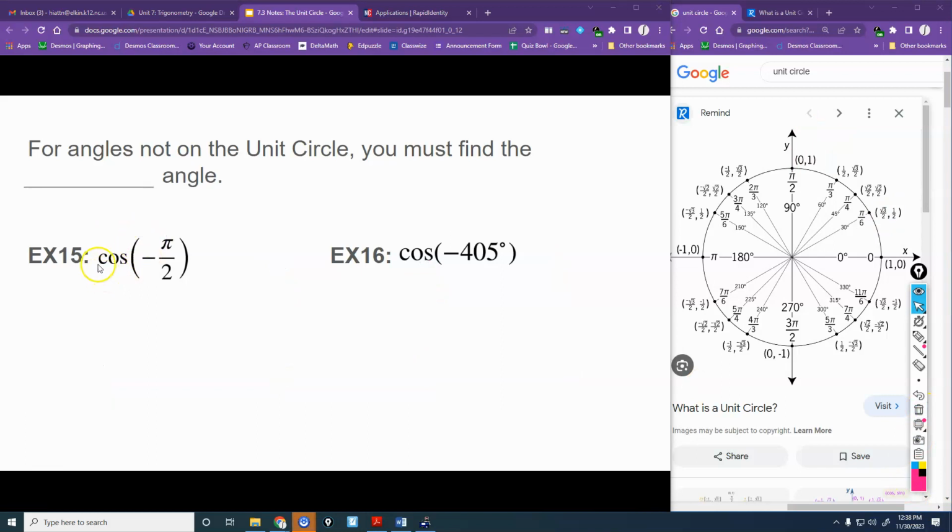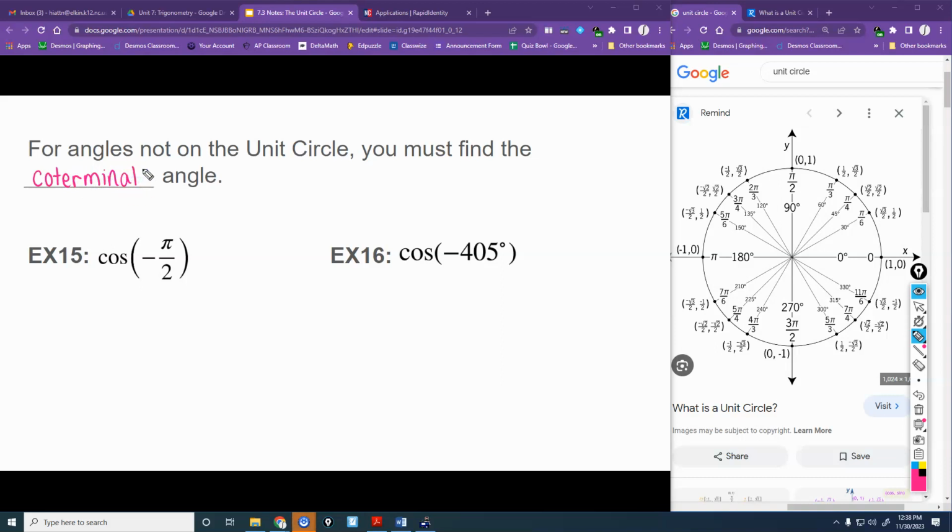I might ask for something like cosine of negative pi over 2, or cosine of negative 405 degrees. Now, negative 405 degrees is not on this unit circle. So, whenever you get something that's not on the unit circle, you need to find the coterminal angle, right?